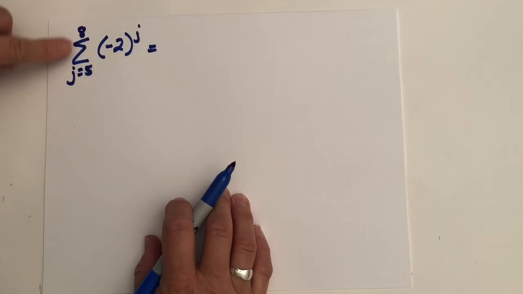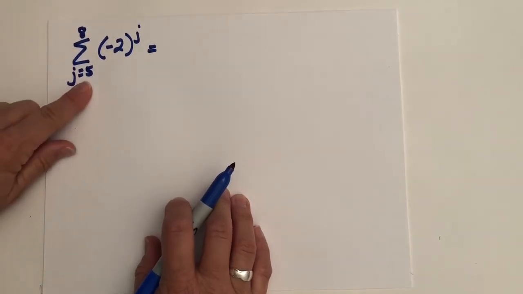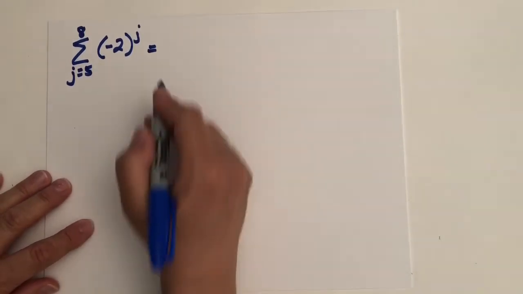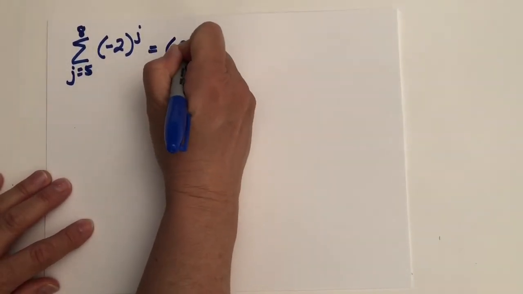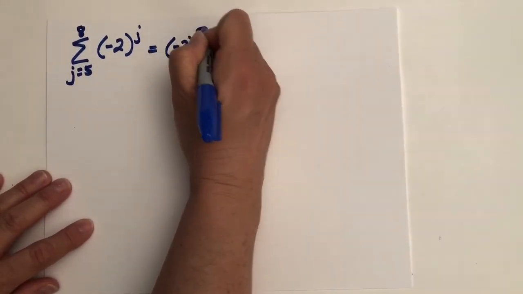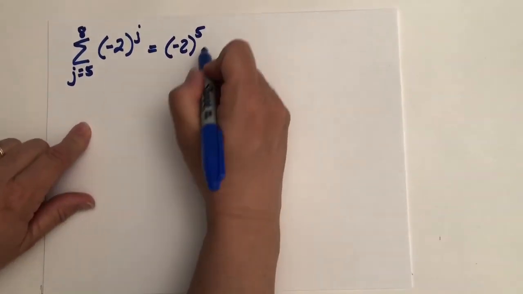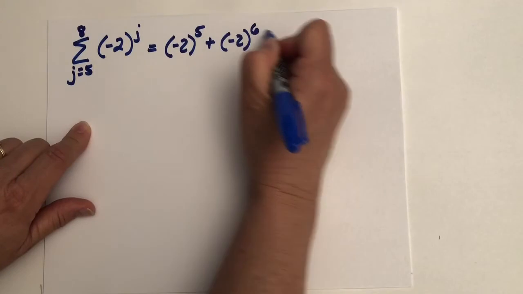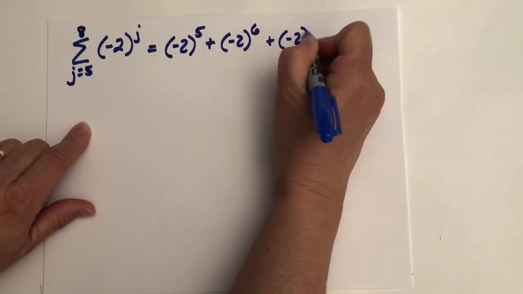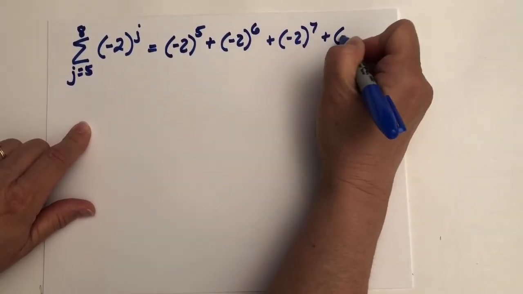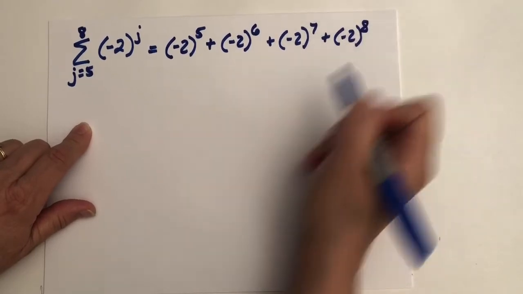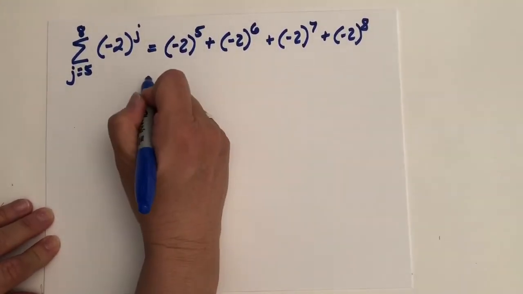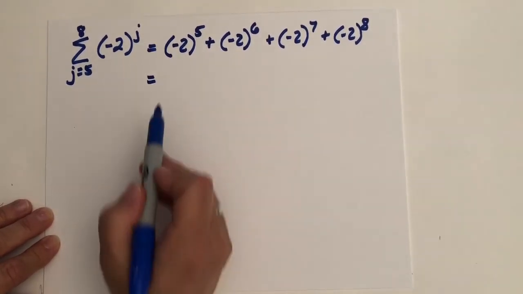It means we start at j equals 5 and we stop when we get to j equals 8. So this sum would be -2 to the 5th power, starting with j equals 5. So we pop in 6, and then 7, and then 8. So here's our sum.